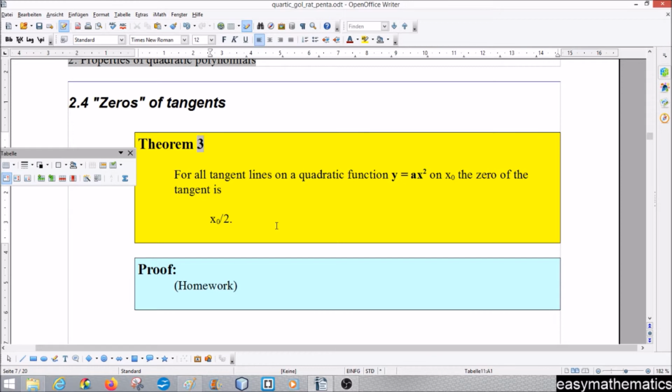So Theorem 3: for all tangent lines on a quadratic function y equals a times x squared, at x0, the zero of the tangent is x0 over 2. Yeah, the proof is easy. It's a homework for you.